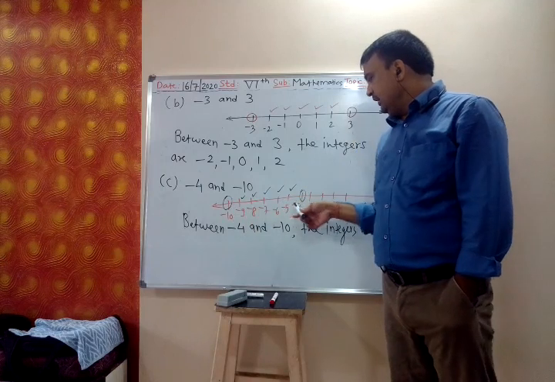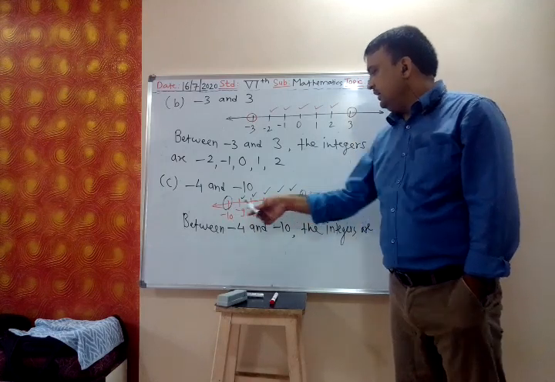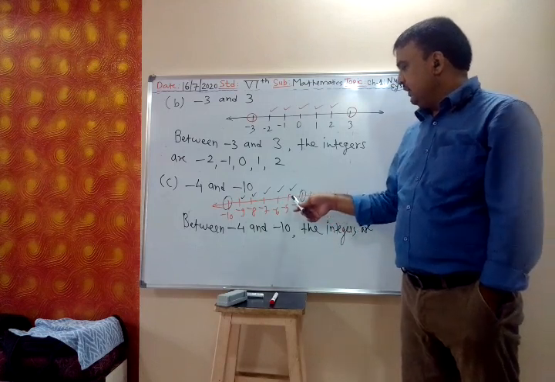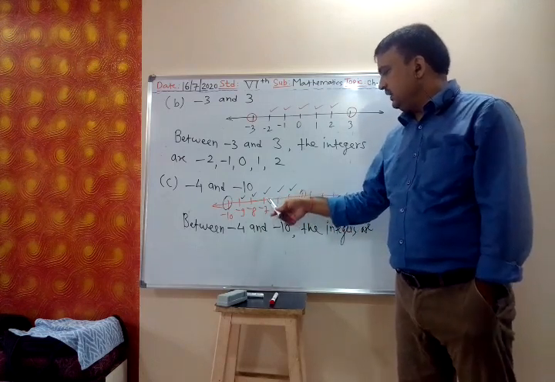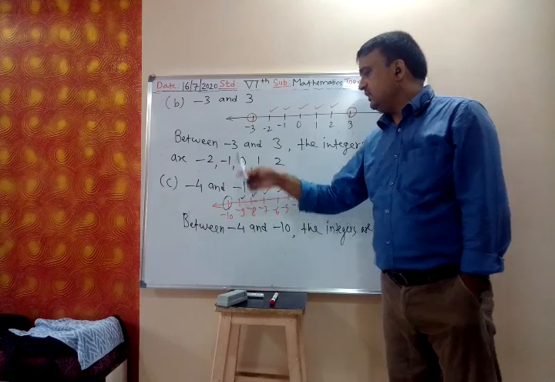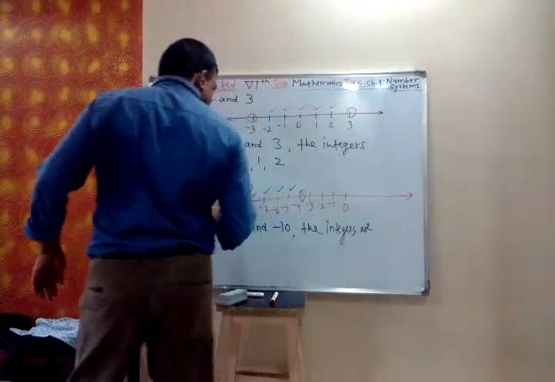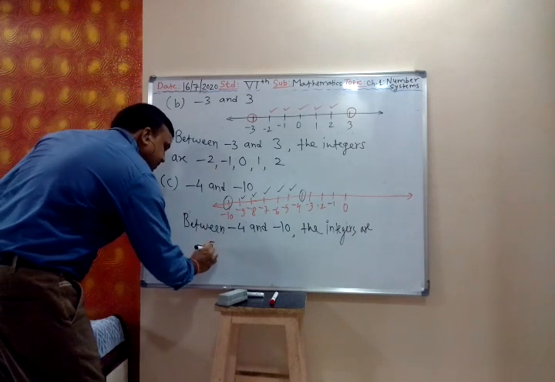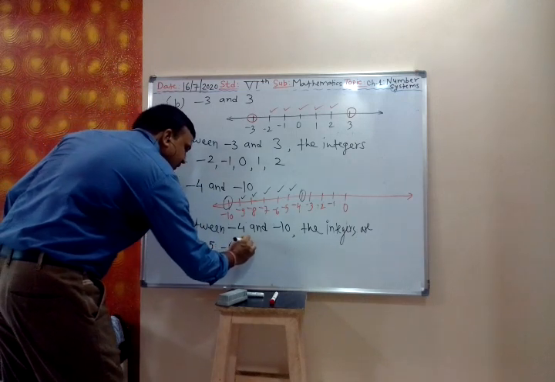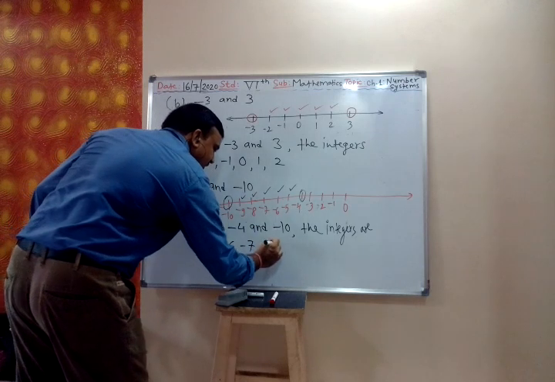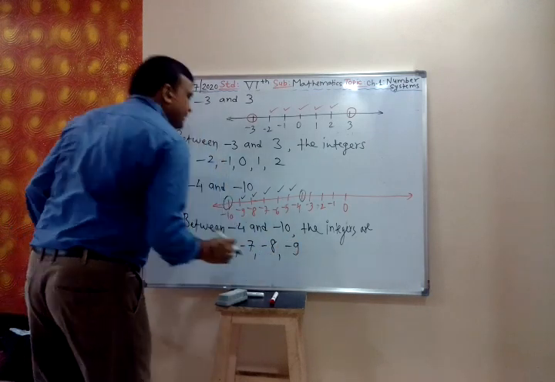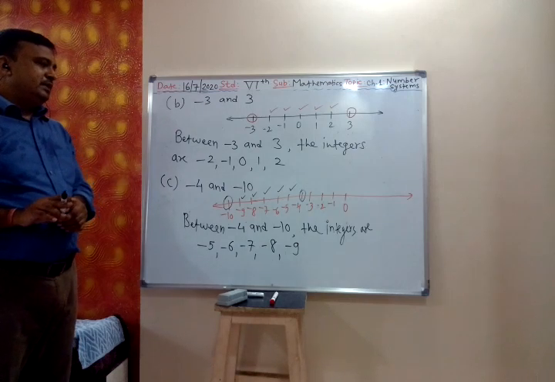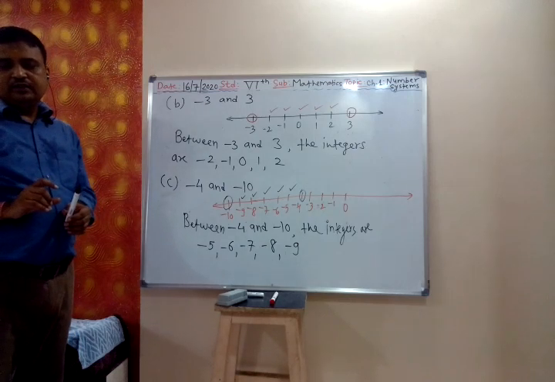Now see minus 4 and minus 10. What are the integers? Minus 5, minus 6, minus 7, minus 8, minus 9. So between minus 4 and minus 10, the integers are minus 5, minus 6, minus 7, minus 8, and minus 9.